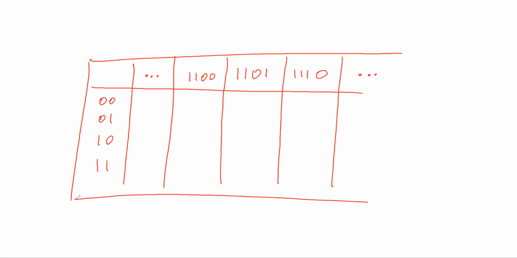All right, so the logic is that this side of the table holds what are called the outer bits. And then on the top over here, these are called the middle 4 bits.